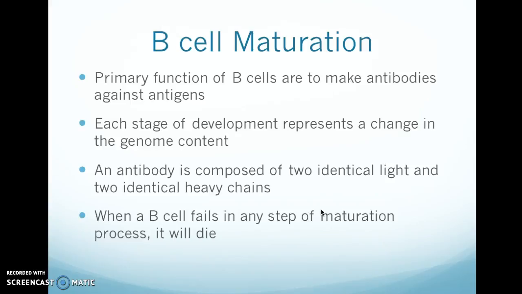B cell development occurs through several different stages, each stage representing a change in the genome content of the antibody. An antibody is composed of two identical light and two identical heavy chains, light being L and heavy being H. The genes specifying them are found in the variable region, or V region, and the constant region, or C region.